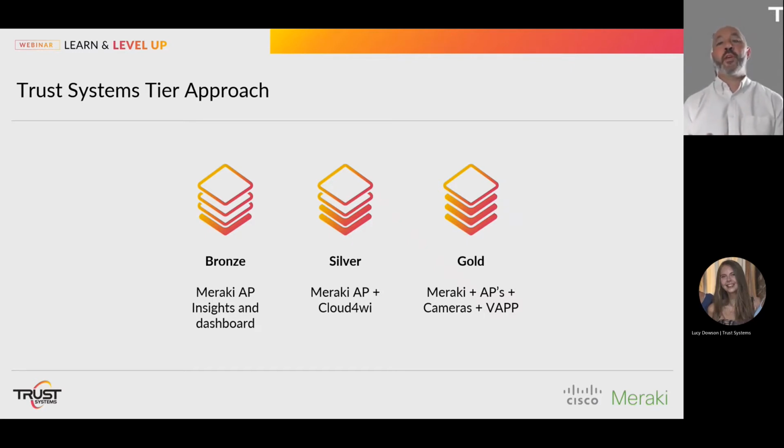And then gold is looking at the access points plus actually the Meraki cameras and a further overlay package there from VApp, which is giving you again a more granular level of information and insight driven through some of the data from the Meraki smart cameras themselves.